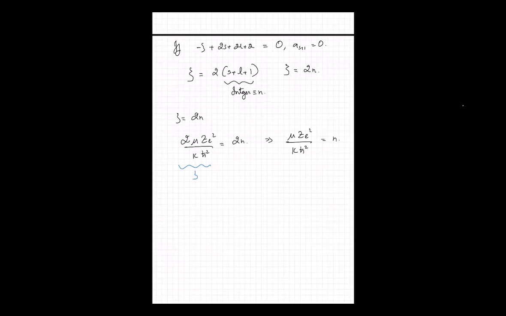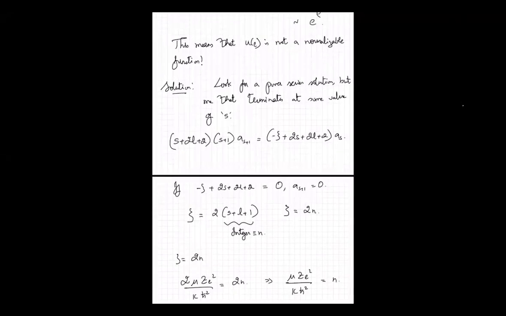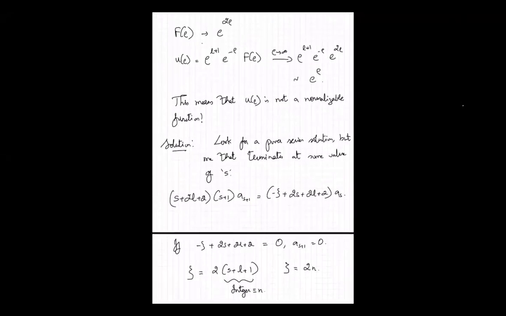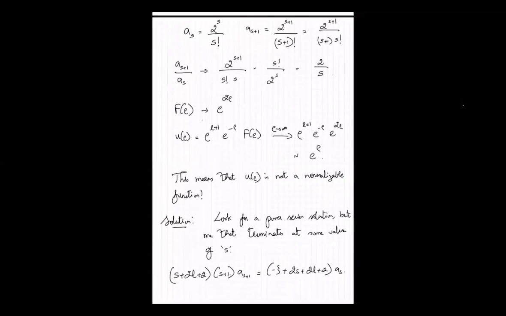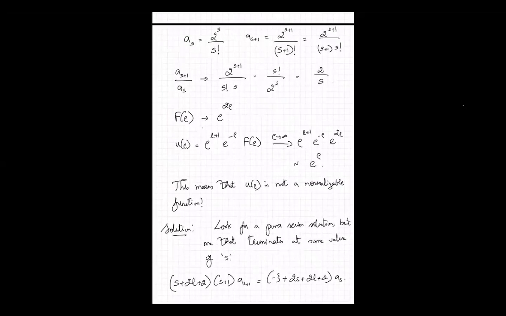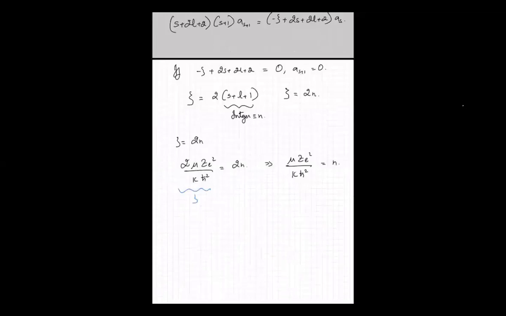So there is a question: can we take f to be e to the minus 2 rho? We would only get a power of minus 1 then. No, the power series for e to the minus 2 rho is very different from the power series for e to the rho.